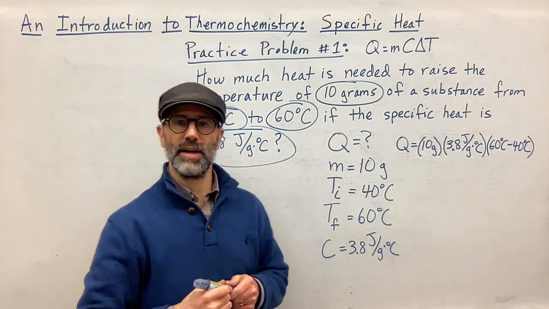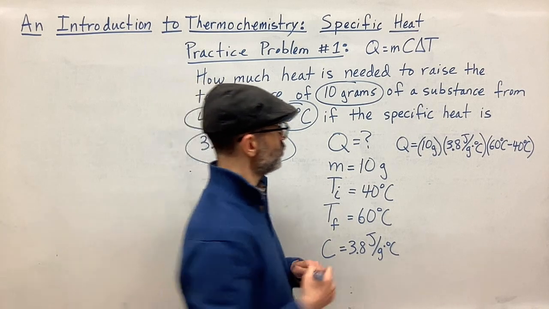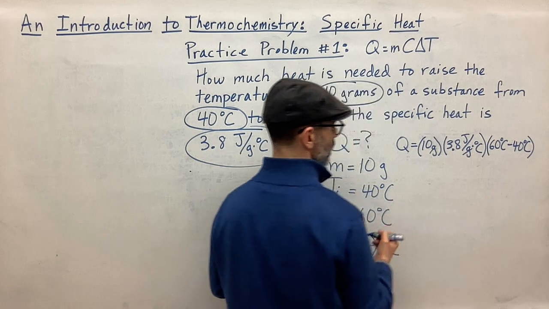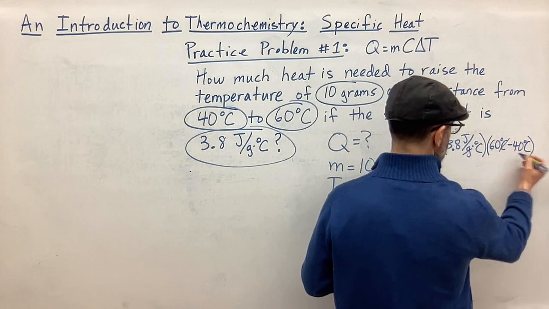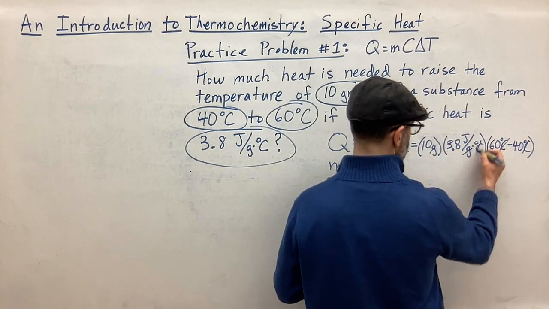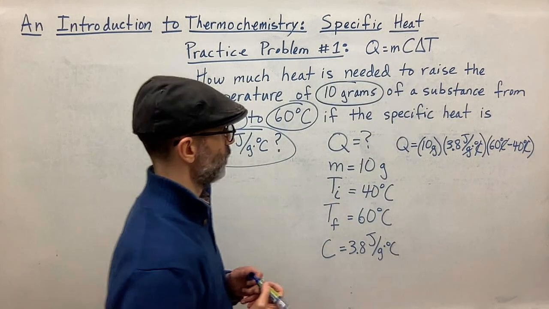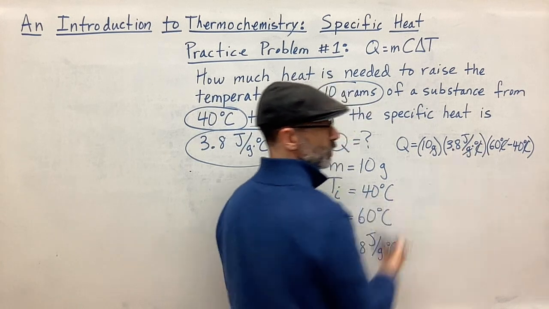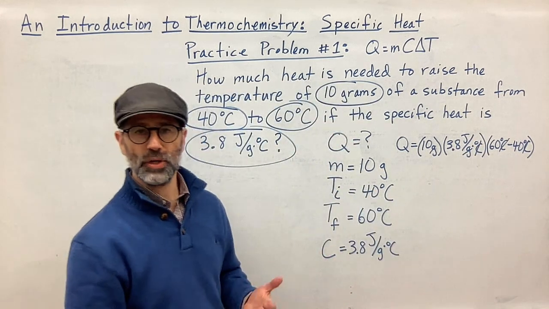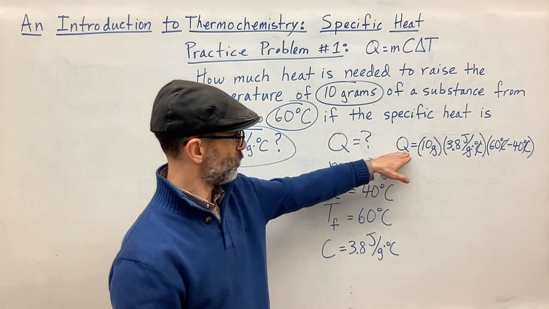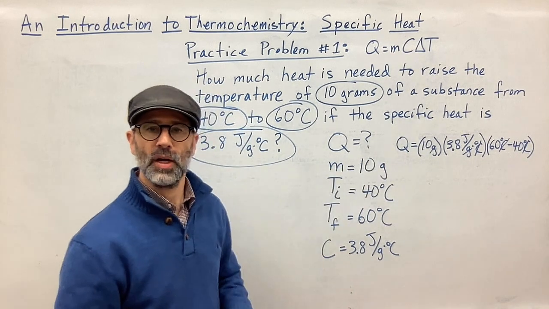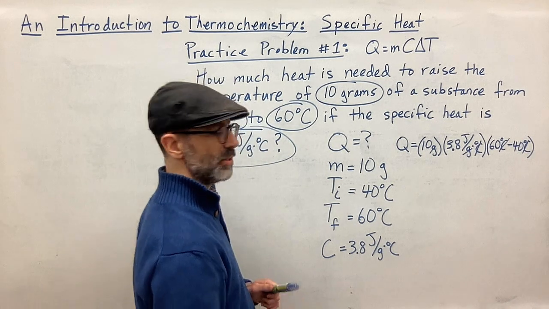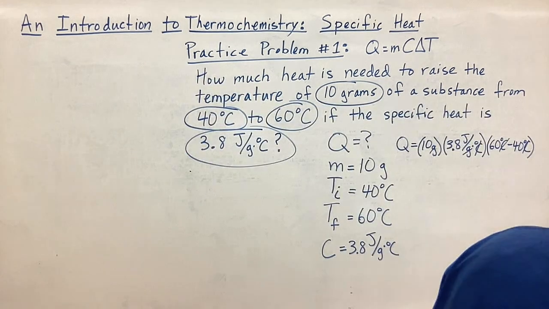And so there's everything laid out. Grams on top cancel out grams on the bottom. Degrees Celsius on top will cancel out with degrees Celsius on the bottom. So what we have left is our joules, which is a heat energy unit. That matches what we're trying to find, Q. Then all we need to do is solve this on our calculator.